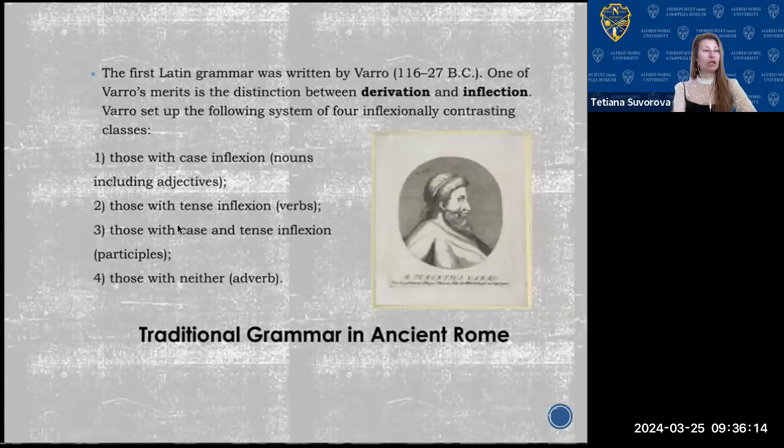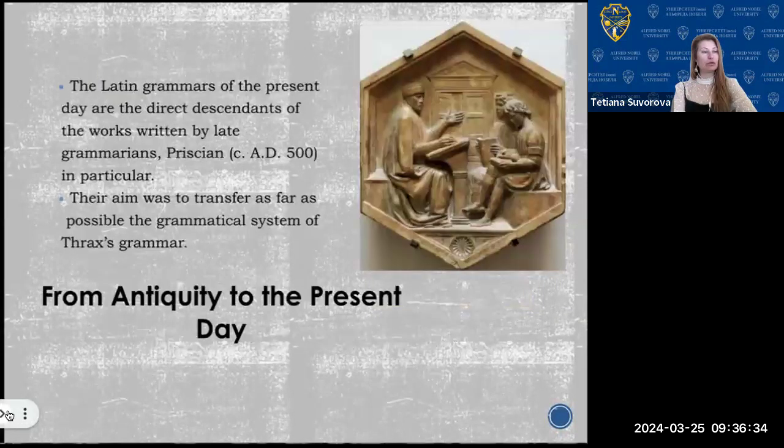Okay, so then those with case and tense inflections are participles, and those with neither are adverbs. To refresh your memory, in the earlier vision participles were a separate group of words because of these logics, and nowadays, of course, the situation has changed. The Latin grammars of the present day are direct descendants of the works written by late grammarians, Priscian in particular.